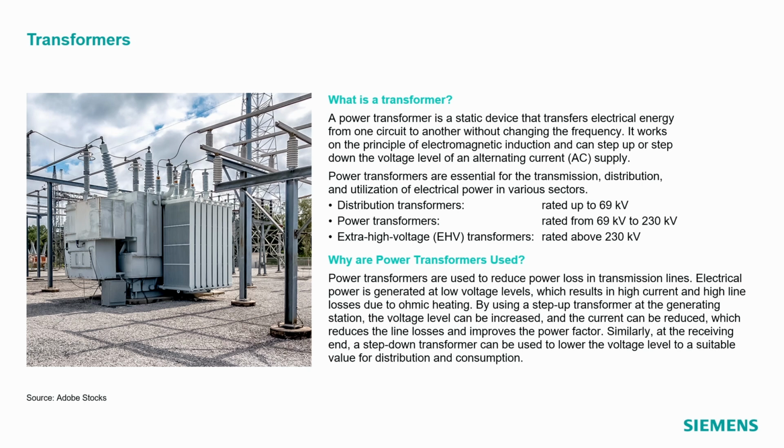As mentioned, power is generated at low voltage, medium voltage, 1 kV up to 52 kV, but on a high current level, and transmitting this directly will result in high thermal losses. The transformer steps this up, meaning using a higher voltage and lower current. This means lower heat and less thermal losses in the transmission lines.